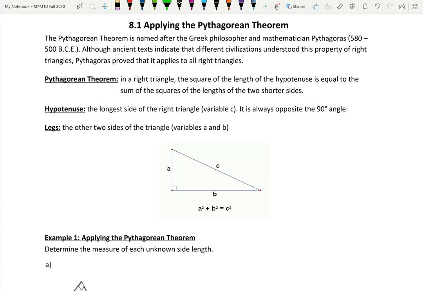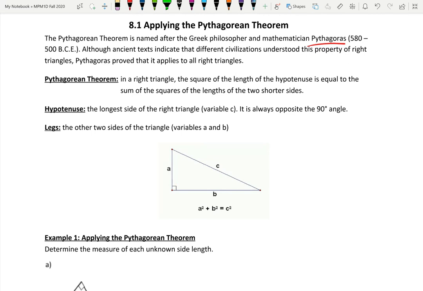8.1 is all about the Pythagorean Theorem, which is named after a Greek philosopher and mathematician, Pythagoras. So he proved that when dealing with a right triangle, the square of the length of the hypotenuse is equal to the sum of the squares of the length of the two shorter sides.